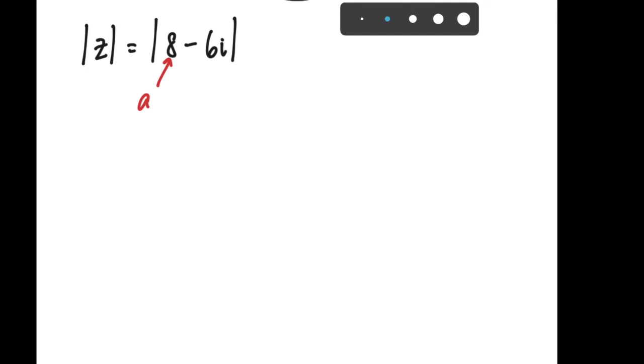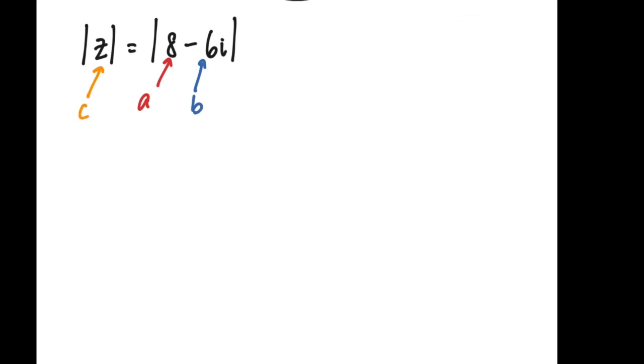Let's just try one now without graphing. So the absolute value of 8 minus 6i. Again, think of this as your A, think of this as your B, and we're looking for our C, which is really this right here.